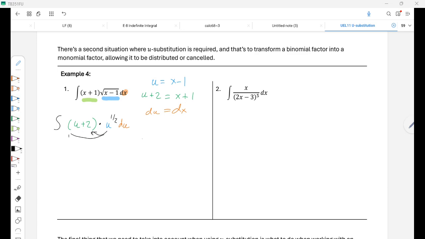Yes, that u can be distributed in, and I have the integral of u to the 3/2 plus 2u to the 1/2 du. Usually the way we do it with integrals is they work in a way like parentheses.